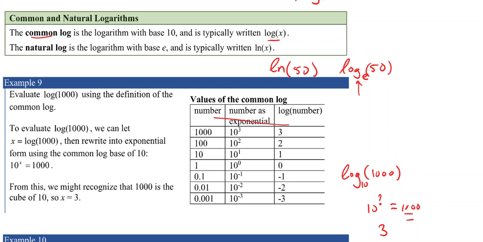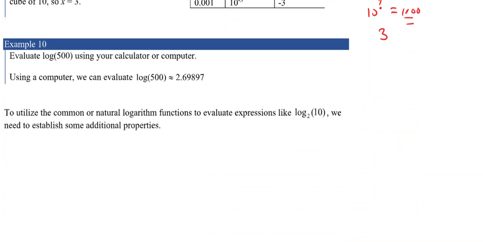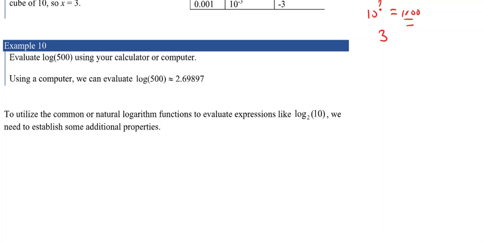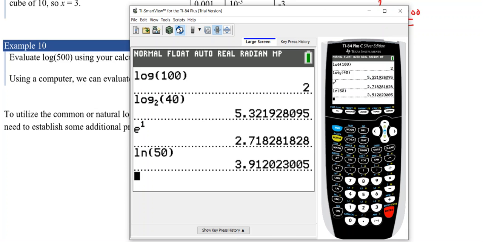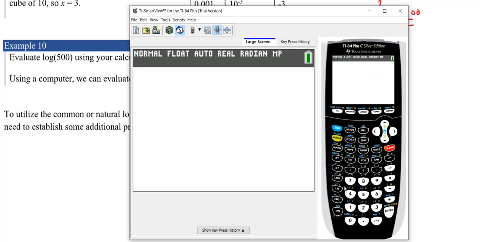And that's just using the top line on this table that we were looking at. Okay, evaluate log of 500 using your calculator. You guys can type this in, just log 500.